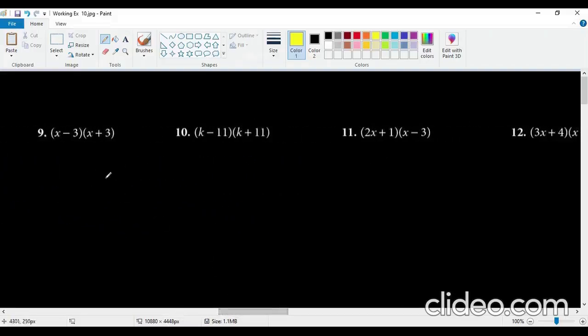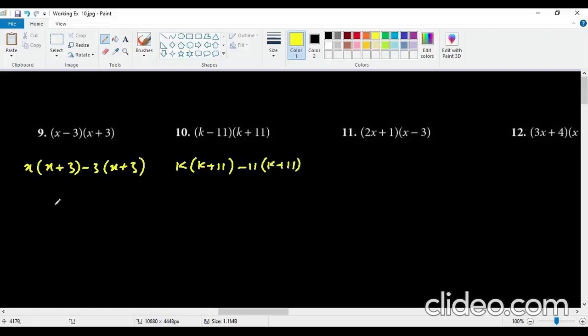So all these questions are with the variables only. And next one is going to be with the coefficient. So x is multiplied by x plus 3 and minus 3 is multiplied by x plus 3. In here, k is multiplied by k plus 11, and again minus 11 is going to be multiplied by k plus 11.